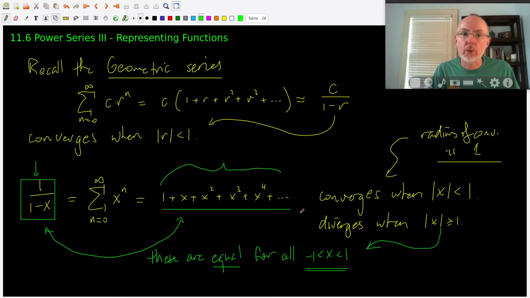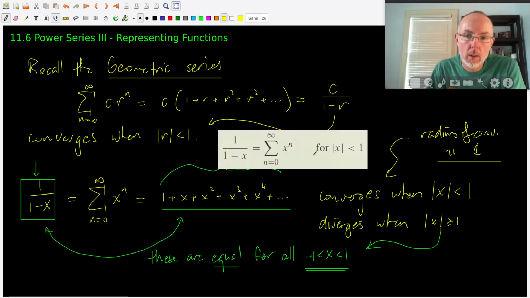It does not produce a finite value. Whereas I can plug minus 5 into this formula and get a number. But they're not connected outside of that range. And that's the key idea to representing functions as power series. So what we've shown with this argument is that 1 over 1 minus x is equal to this power series for all x less than 1 in absolute value.